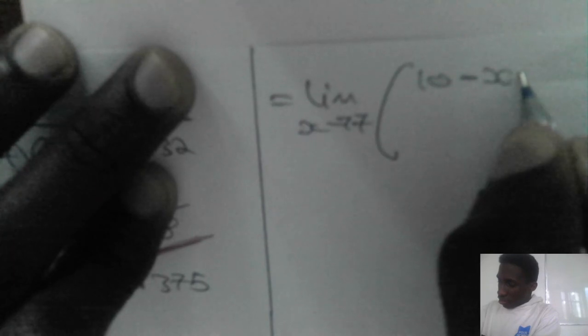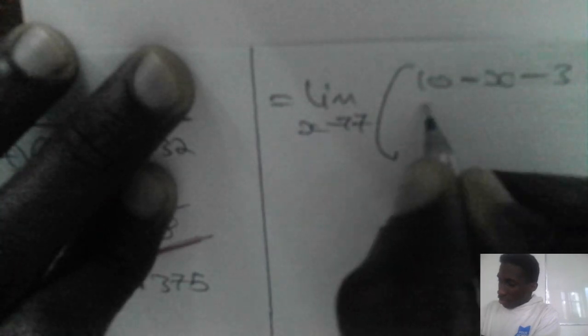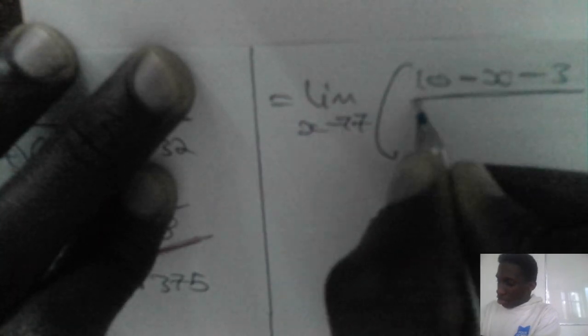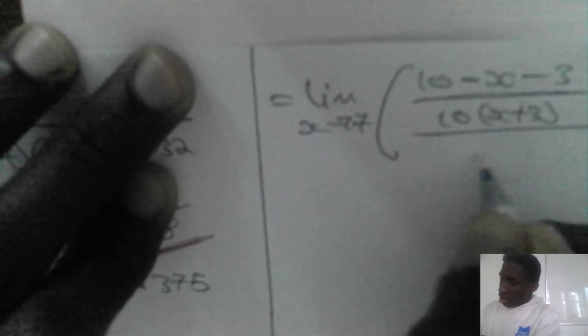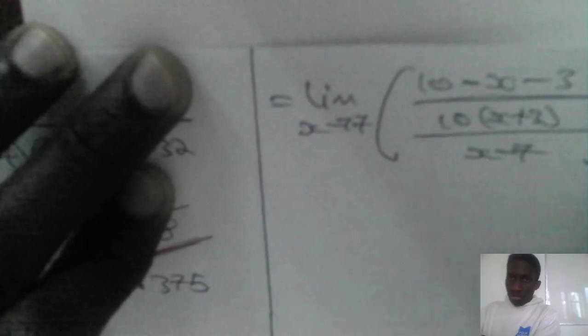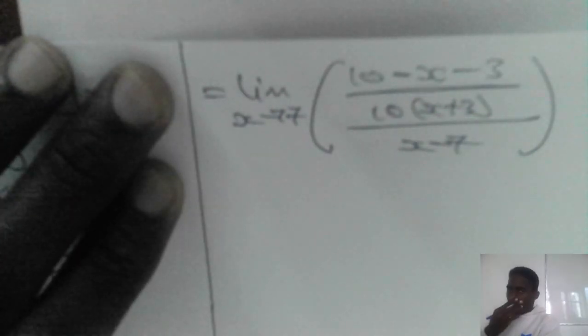Okay, what we have is the limit as x approaches 7 of 10 minus x minus 3, divided by 10 into x plus 3, divided by x minus 7. So this is what we have.